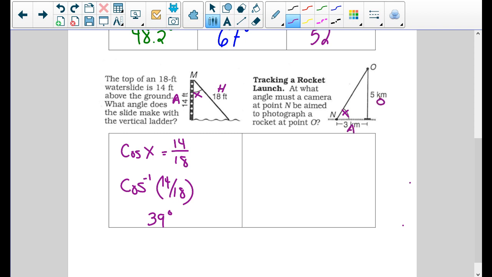So tangent of x equals my opposite, which is 5 over adjacent 3. So let's second tangent. So inverse tangent of 5 over 3 gives me what degree measure? About 59 degrees to get that picture up at point O. Okay, so that's finding angles.